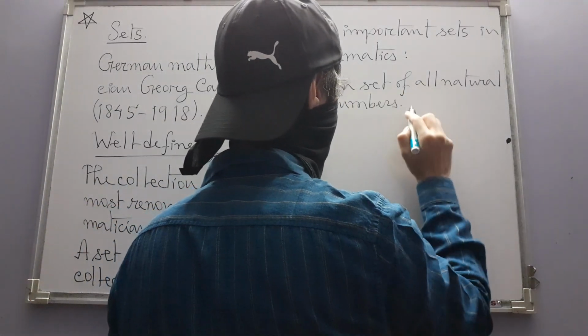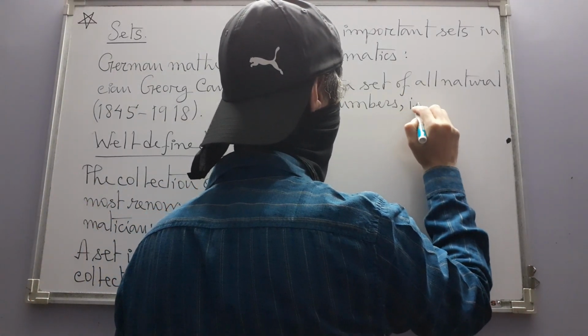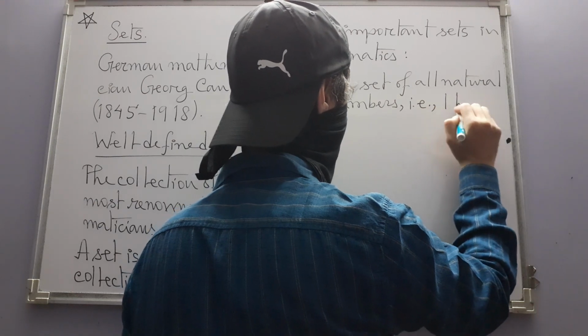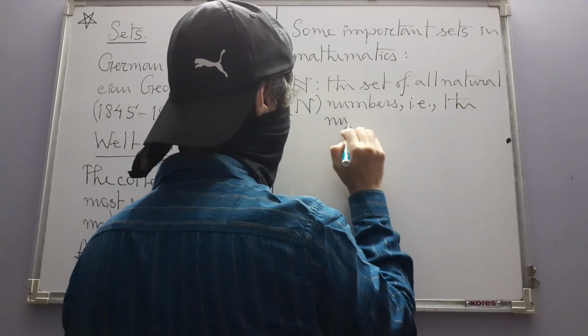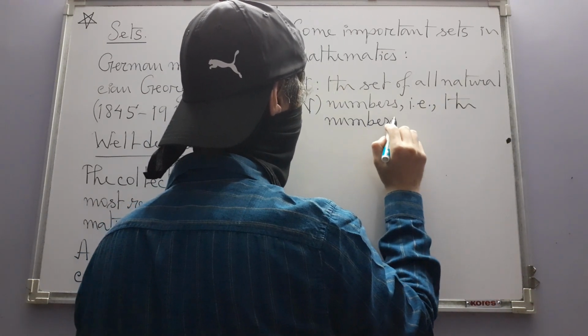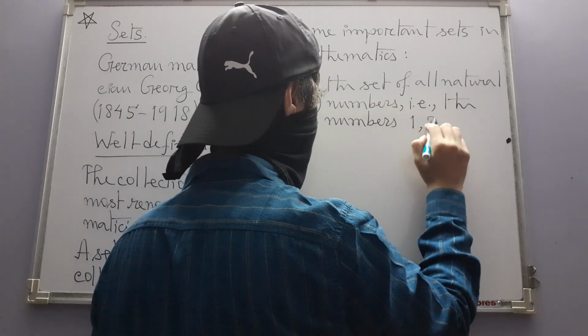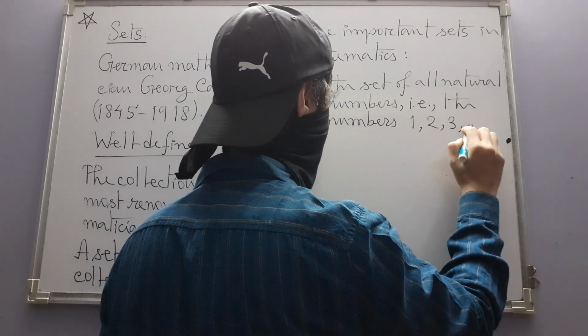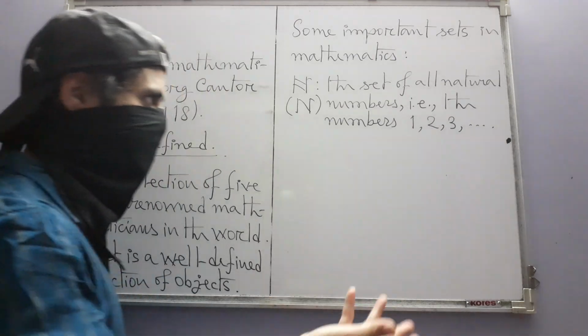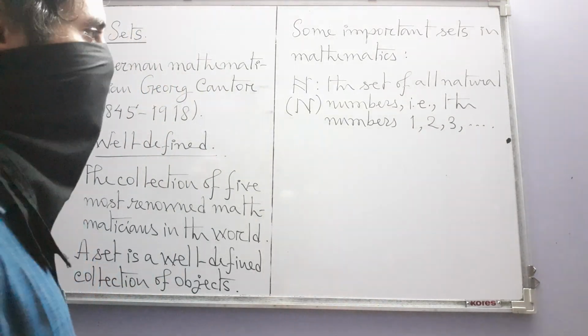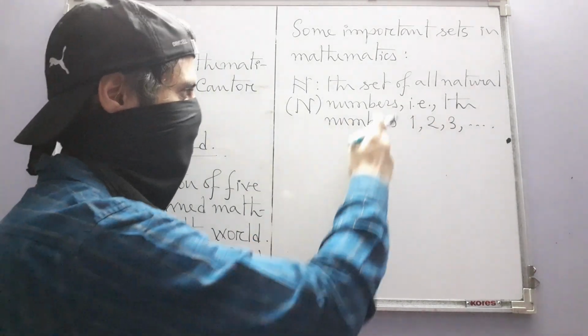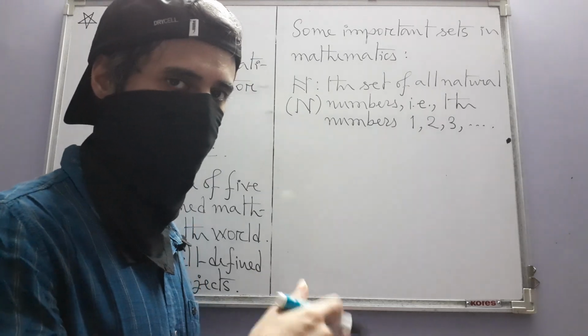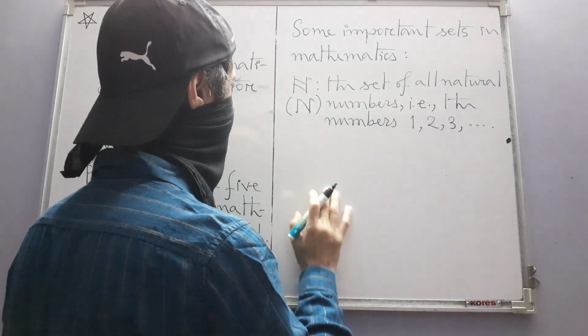And you know what these numbers are. The counting numbers. Okay, and they do not end. That is also something we already know. They keep on going to higher and higher numbers, 4, 5, 6, and so on.